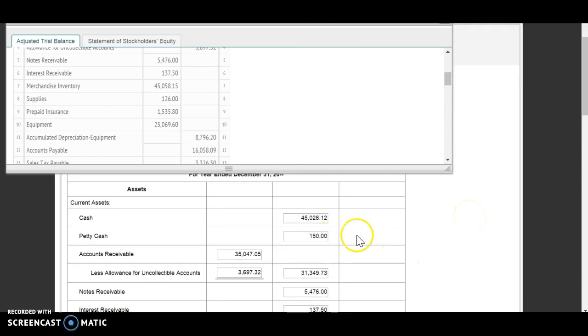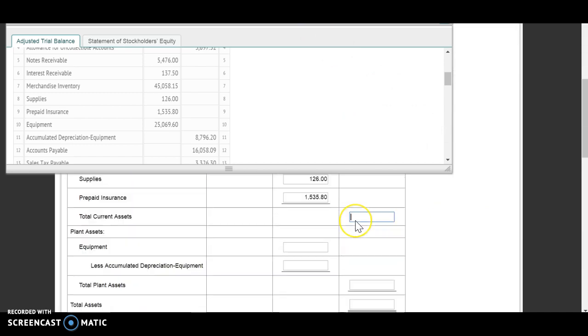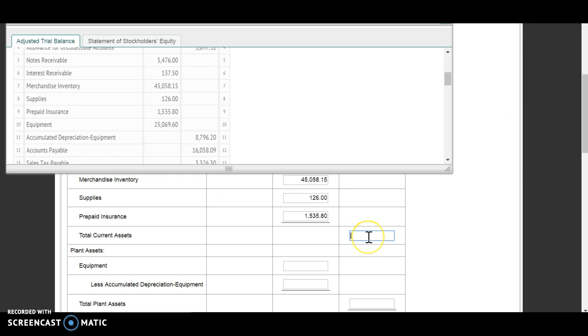So to figure out our total current assets, we're simply going to add up those numbers there. We should then get $128,859.30.